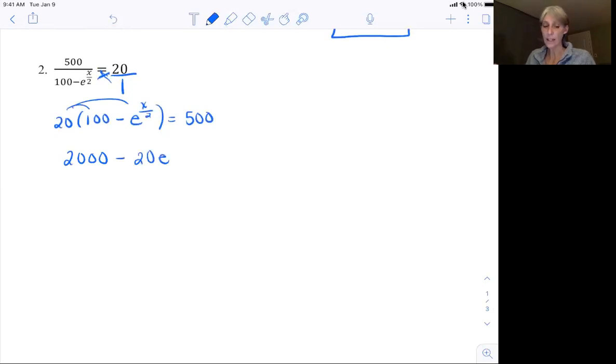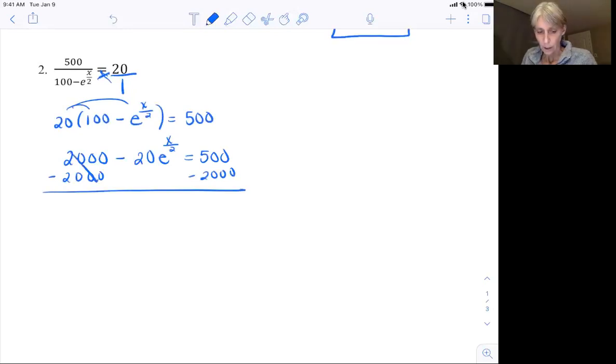Oh, I could have just divided. That's okay. I already started it this way. You could have just divided that 20 over. That might have been easier. Now I'm going to subtract. But again, it doesn't really matter. Negative 20 e to the x over 2 equals 500 minus 2,000, negative 1,500.